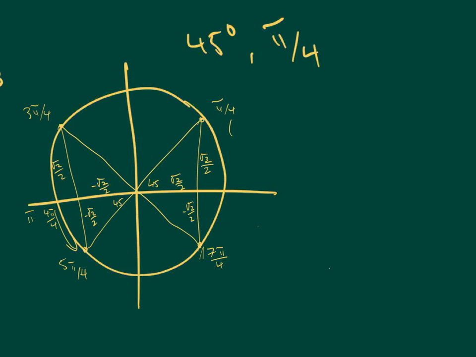So then the coordinates, √2/2, √2/2, both of those are positive. Then here we have negative root 2 over 2, root 2 over 2. This one is negative root 2 over 2, negative root 2 over 2, both of those are negative. And the last one is, first one's positive, second one is negative.